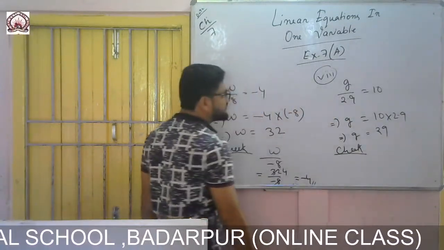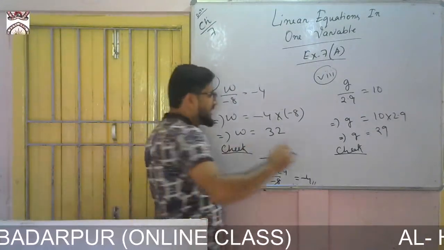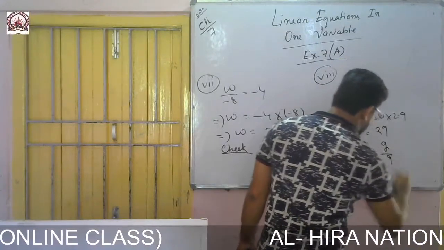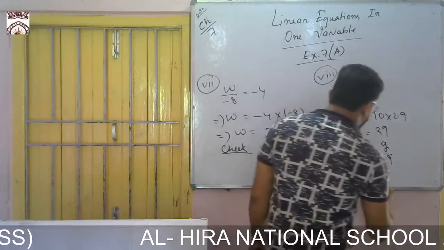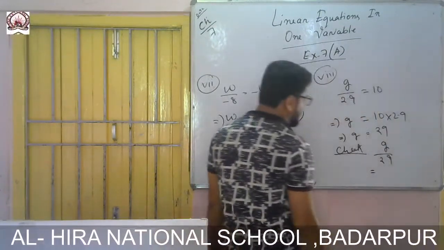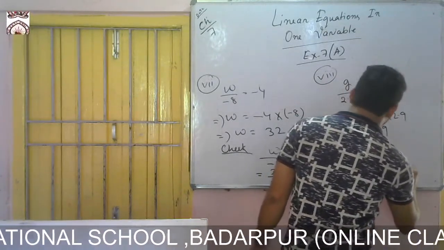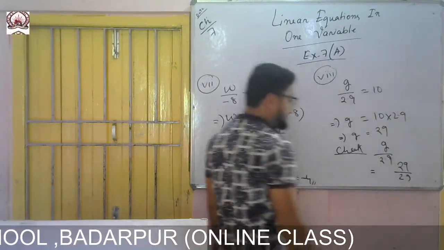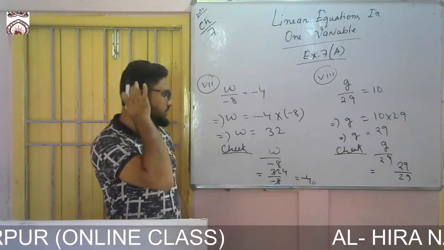Now if you check, G by 2.9. Okay. So 29 by 2.9.